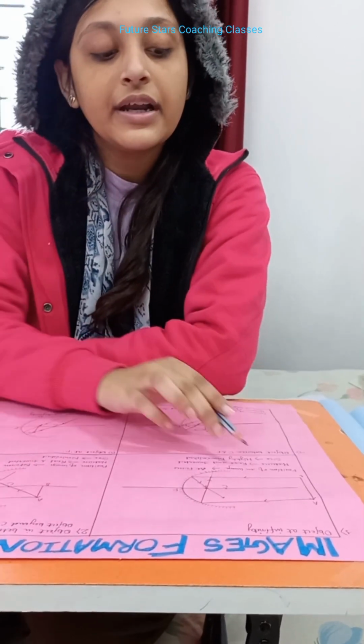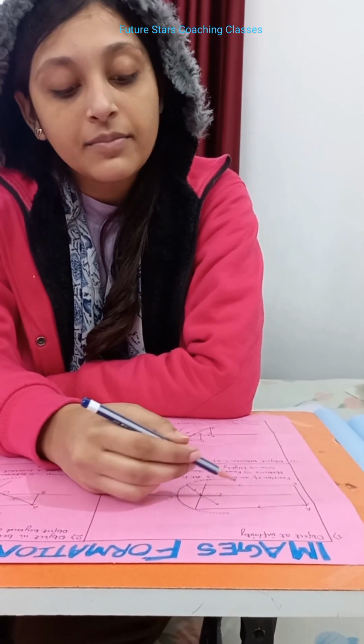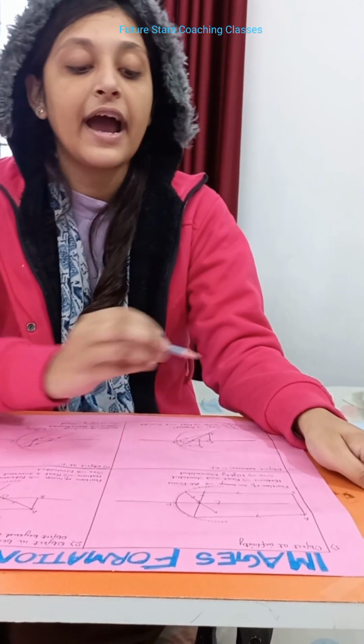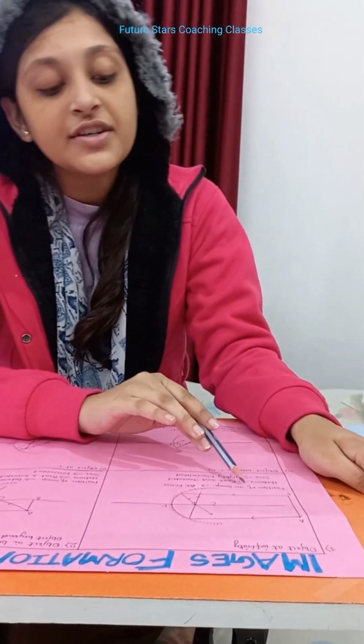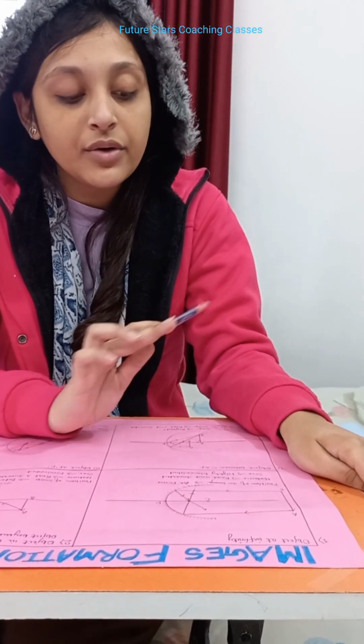Another parallel line from here intersects it. All the parallel lines coming from the object to the mirror intersect at the focus, so the position of the image is at focus.